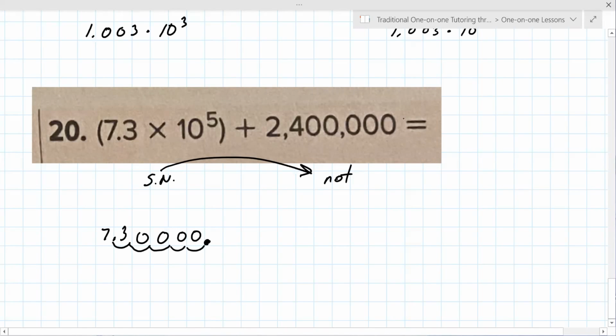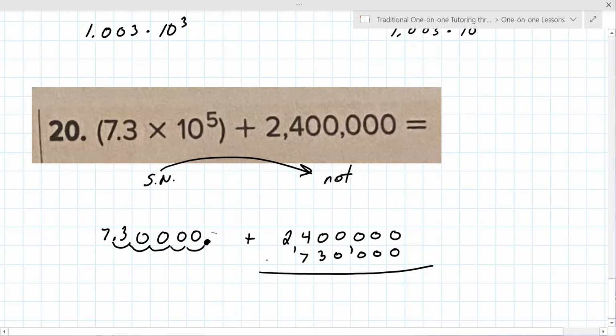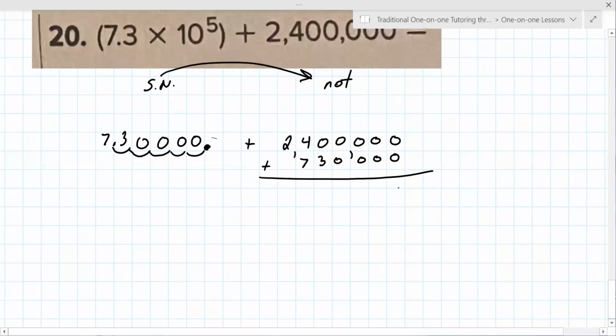I'm going to write this other number, 2, 4, 0, 0, 0, 0, 0. Now I have this nice grid, so that helps. I'm going to put this number underneath, like we're going back into a previous grade level. And this is how you add. And you only do it a little bit, and then you graduate out of this stuff.